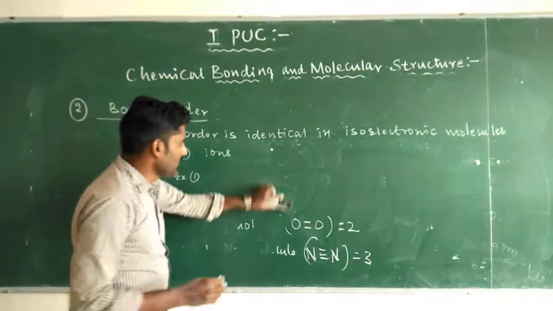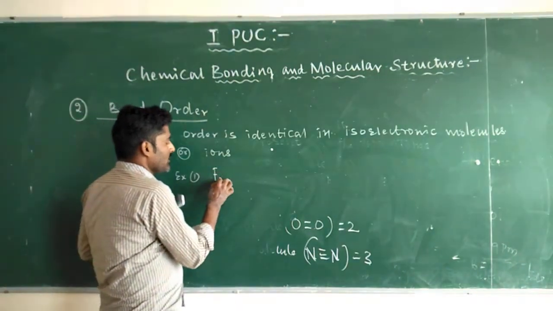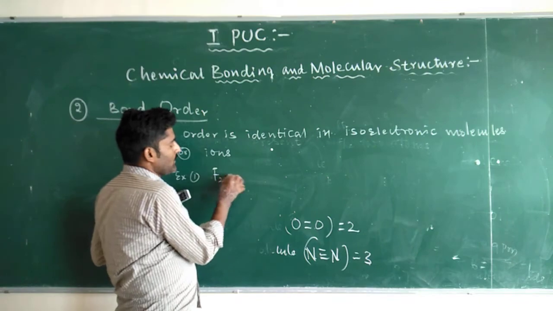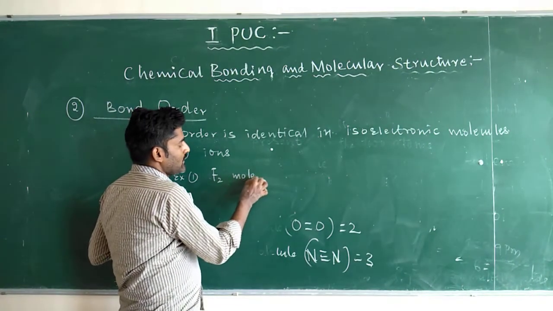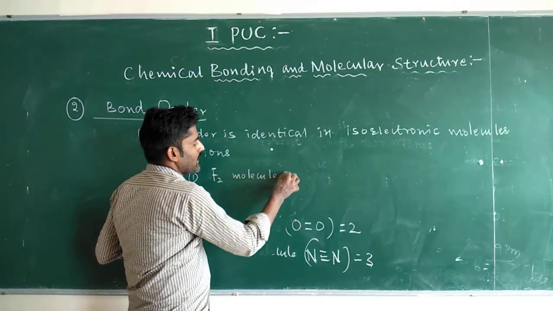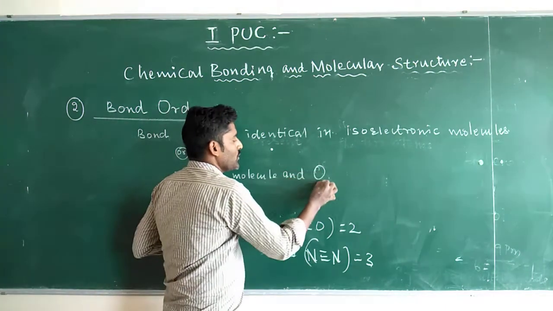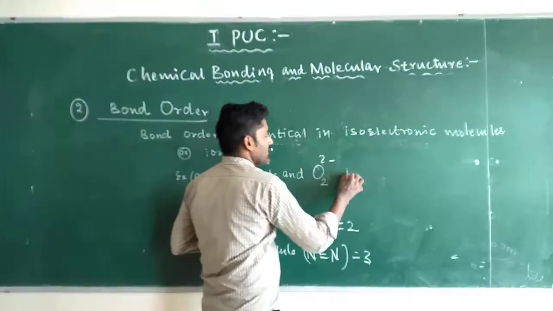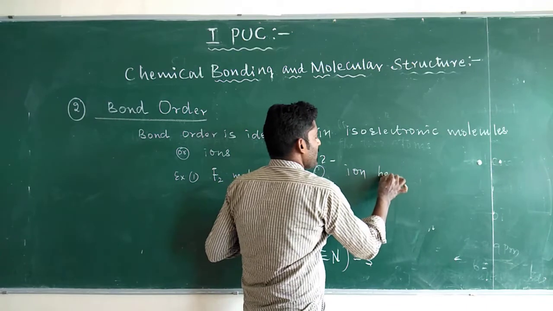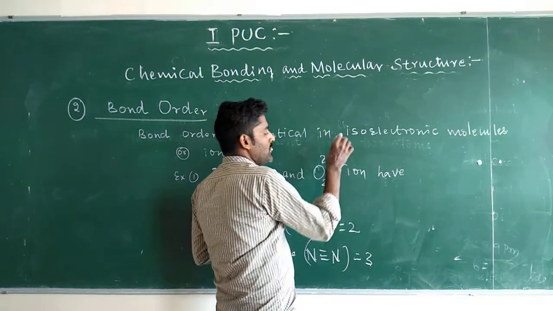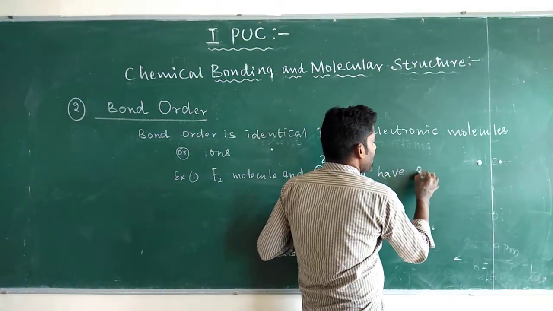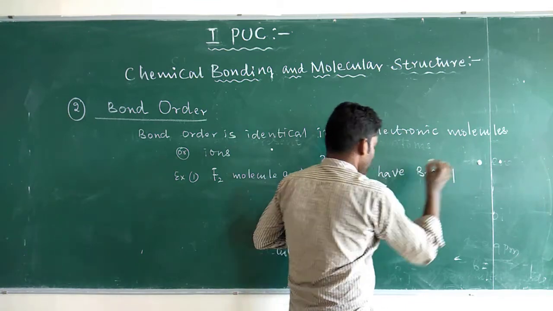Example 1. Fluorine molecule F2 and O2 2 minus ion have bond order equal to 1.